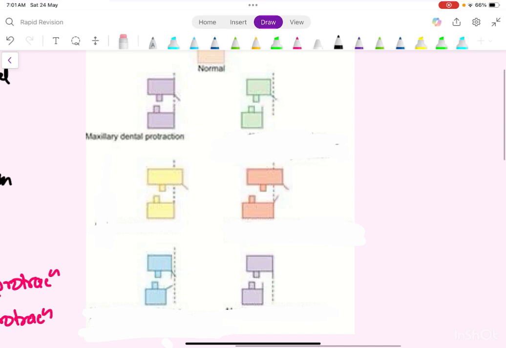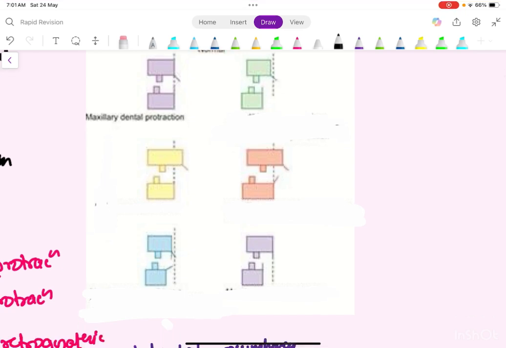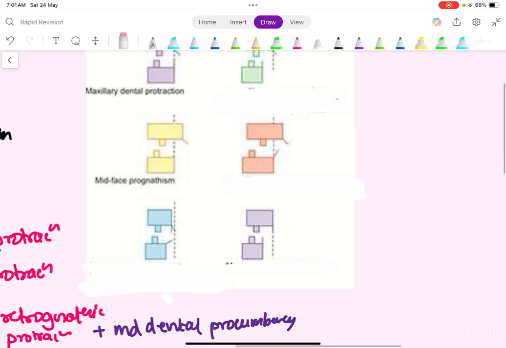Then let's look at this one. It's outside, so this is maxillary protraction, plus there is maxillary dental protraction also, if I'm not wrong. Yes, so this is basically mid-face prognathism.